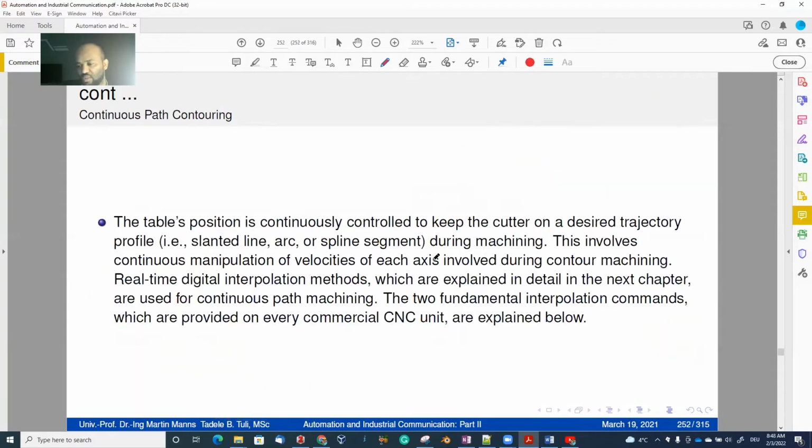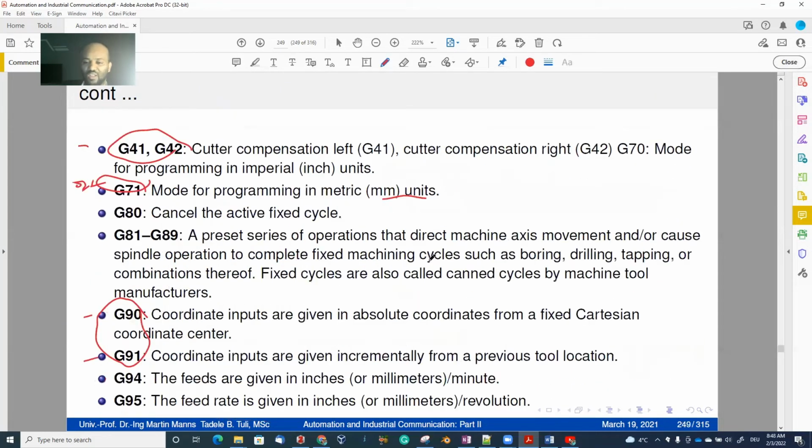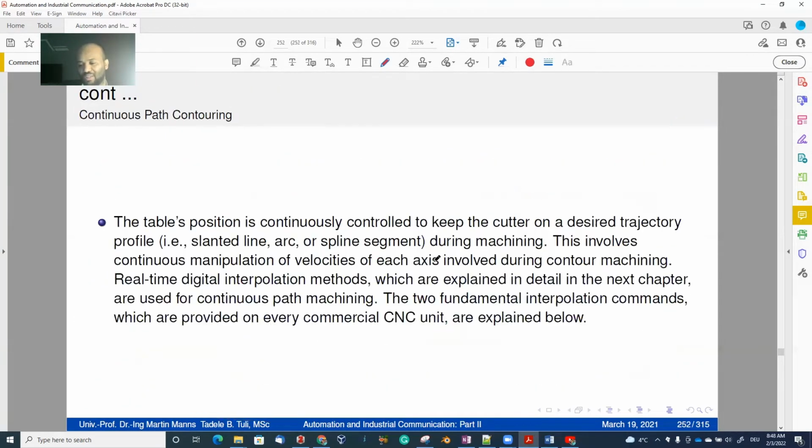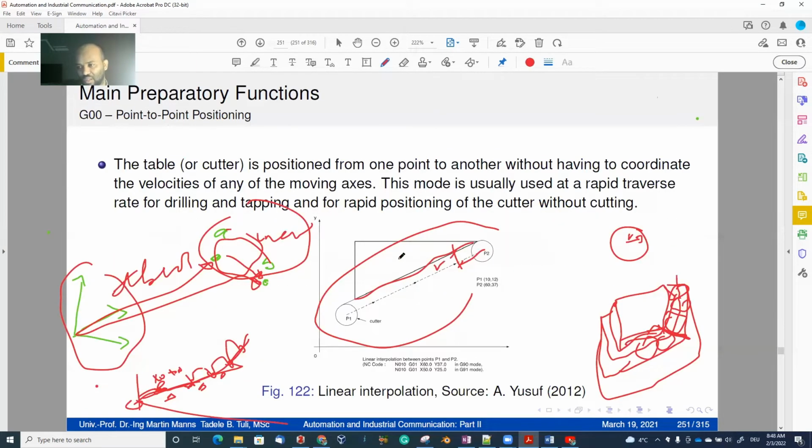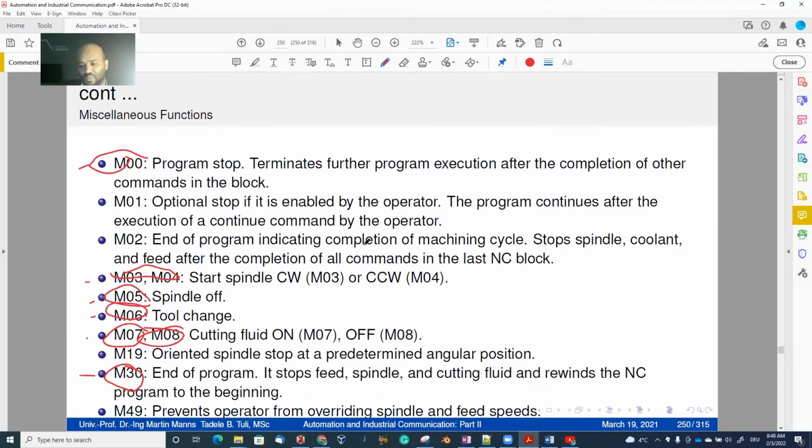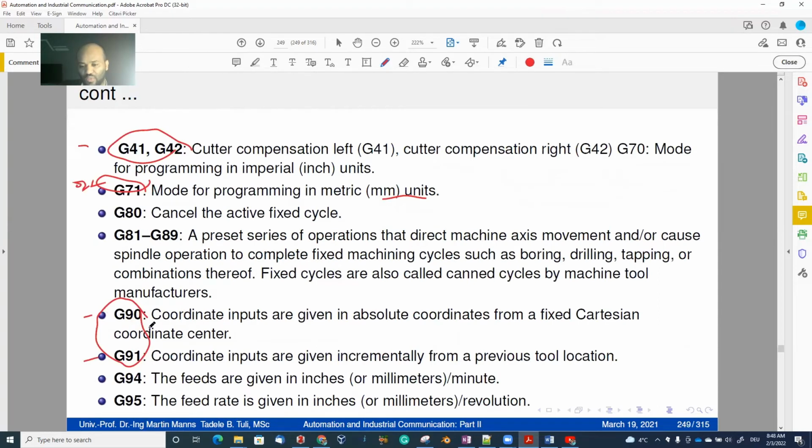This way you could avoid any error. This is what we call tool cutter compensation, which is G41 and G42.